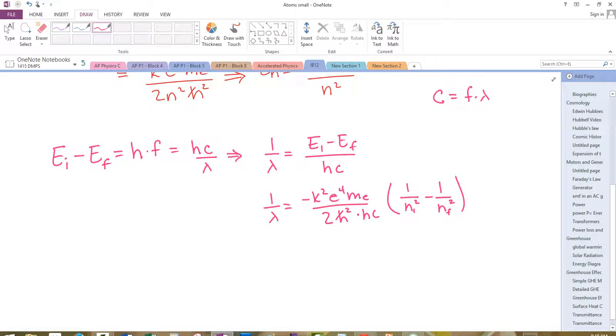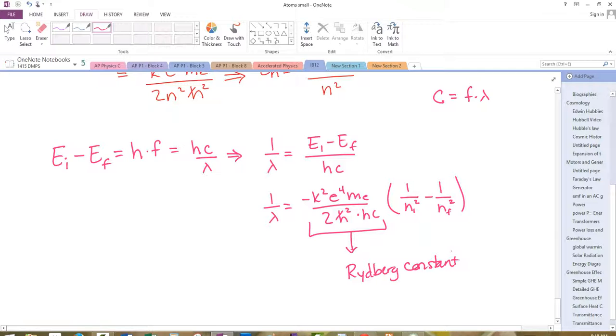You are correct, Harry. This number here turns out to be the Rydberg constant. It is beautiful. I mean, that's pretty awesome.